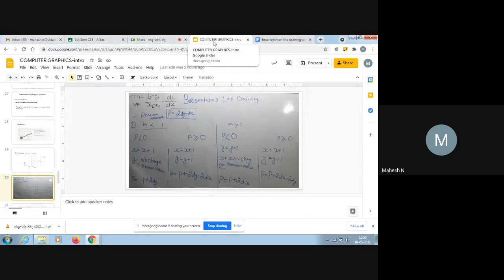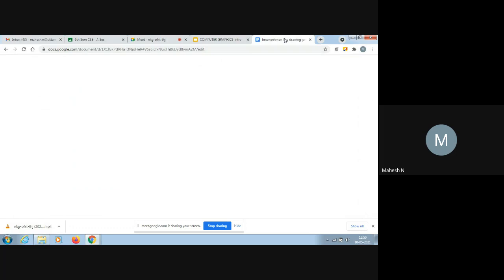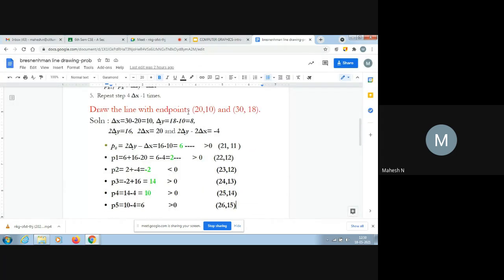Now let us see how we will be solving that Bresenham's line drawing algorithm. So now consider, this is the problem that they have given: draw the line using Bresenham's line drawing algorithm with the endpoints 20,10 and 30,18. That means 20,10 is the starting point, and 30,18 is the last point, right?